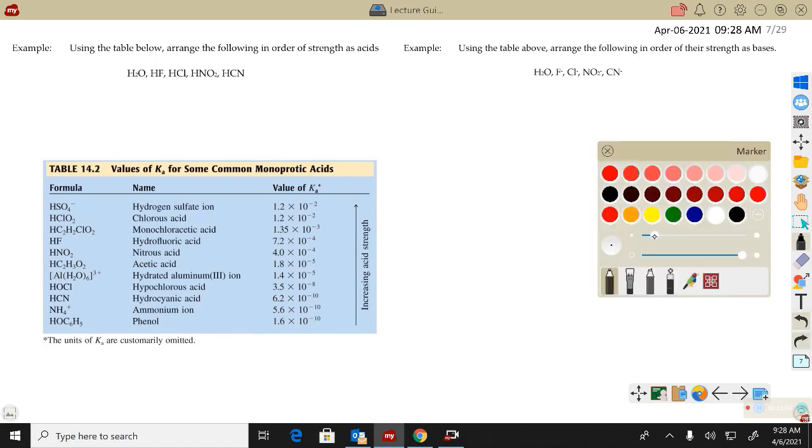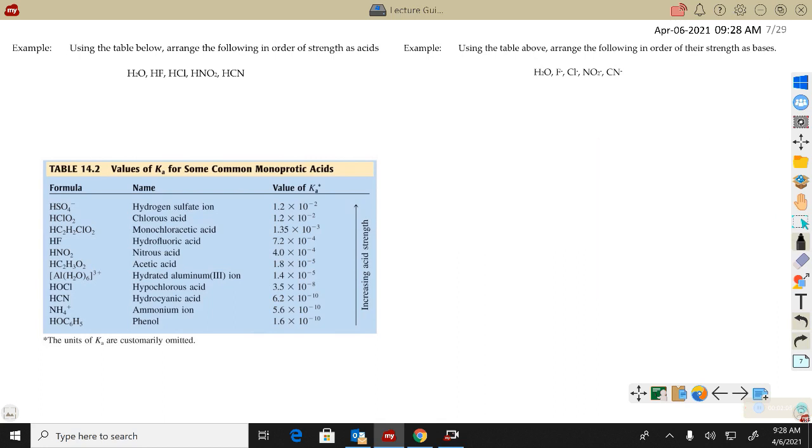So the Kw is the dissociation constant for water. Its tendency to self-ionize and form hydrogen and hydronium or hydroxide. So Kw for water, as long as we're at 25 degrees, which let's assume that we are, is always 1.0 times 10 to the negative 14th.